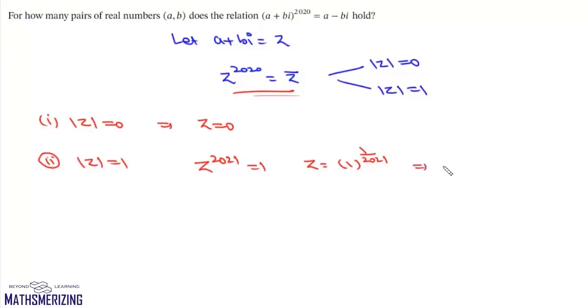So this equation will have 2021 roots. So the total number of roots will be 2021 plus 1, that is 2022. So there will be 2022 pairs of real numbers a and b which satisfy this relation.